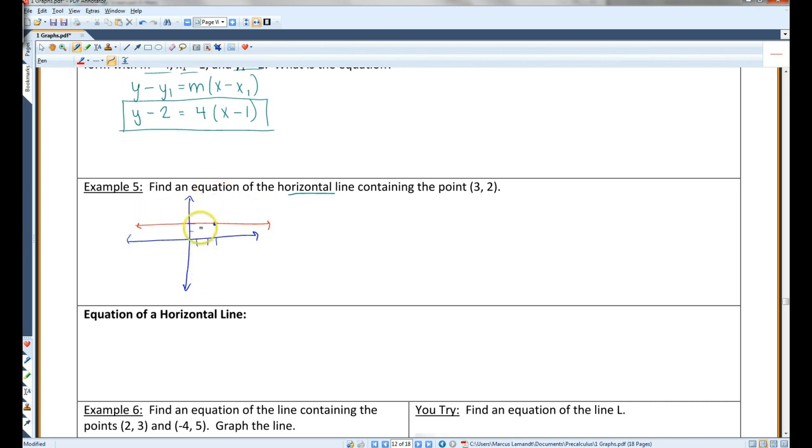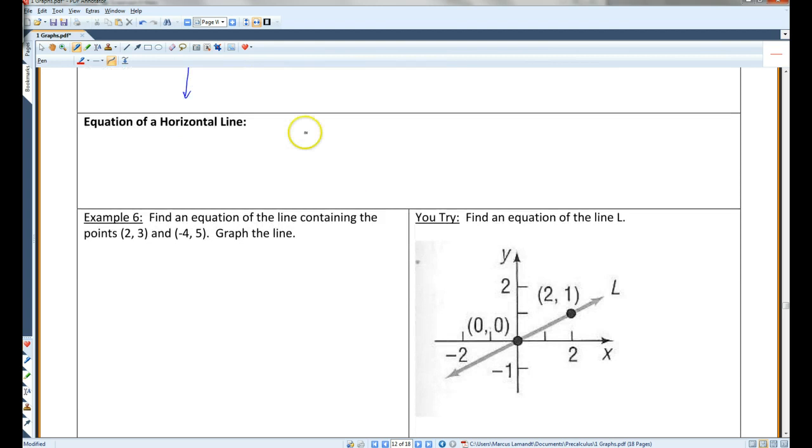When you have a horizontal line, you're going to look for the y-intercept, which in this case is 2. Okay, anytime you just have a y, you're going to get a horizontal line. And the slope is going to be 0. Okay?